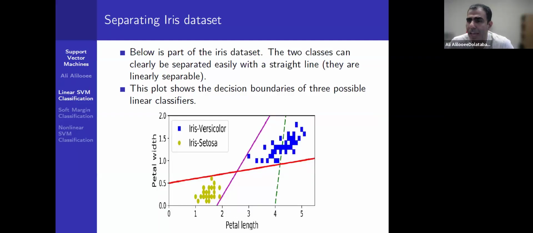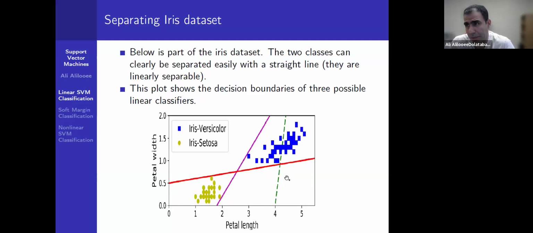Below we have part of the iris dataset. The two classes can clearly be separated easily with a straight line. Here, as you can see, we have 2 classes of iris, iris setosa and iris versicolor, and we can easily split this dataset into 2 subsets by using a line. Here I have shown some different lines: a purple line, a red line, and a dashed green line.